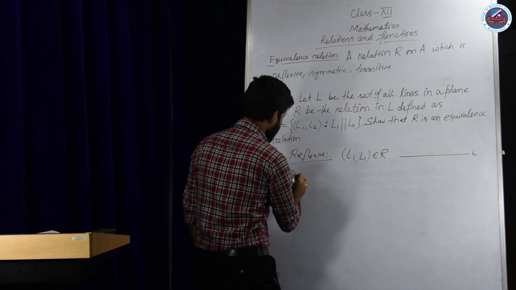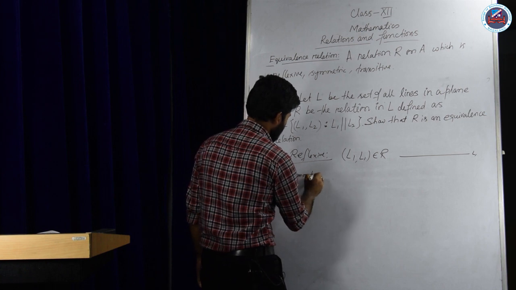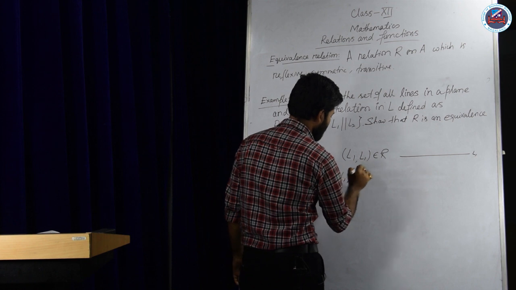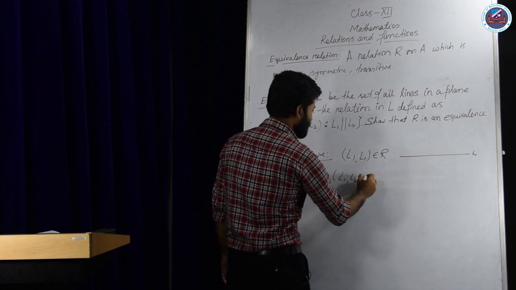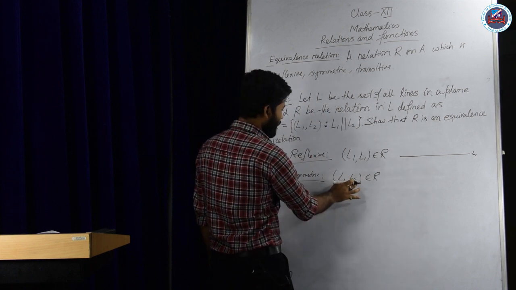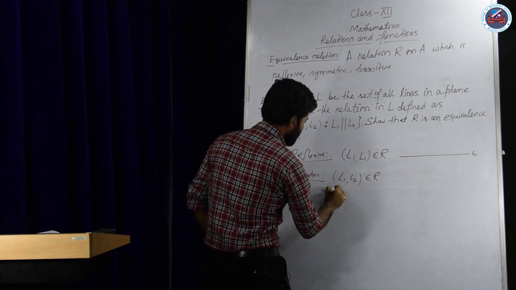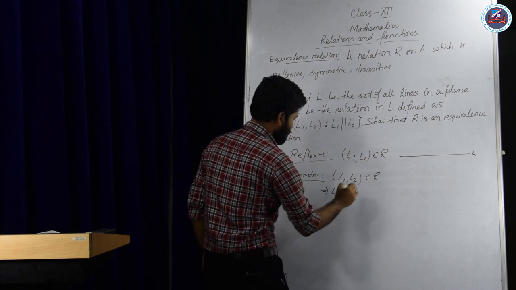Now for the symmetric case, we need two lines, L1 comma L2. So let (L1, L2) belong to R. Now when (L1, L2) belongs to R, by this property we can write L1 is parallel to L2.